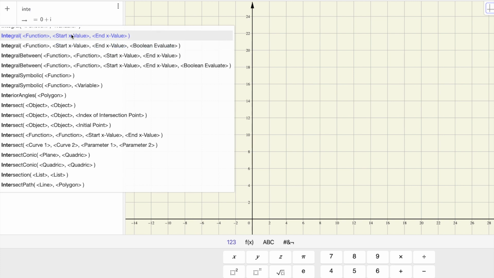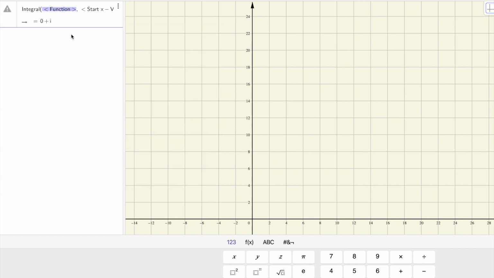So I will choose this, and then I type my function. What that function was, e to the power of x, and then I go down. I use this button to punch plus, and I use this button to punch e, and then to the power of -x. Then I go down, then I go here.